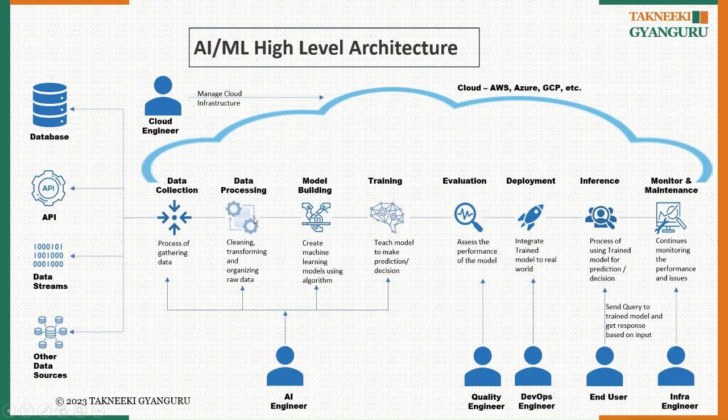What will be done in data processing? It will get all this data, and then clean, transform and organize the raw data. Suppose some data is missing, blank or something. Can we replace it with some null value, right? Or if some data header is missing, can we make default headers?